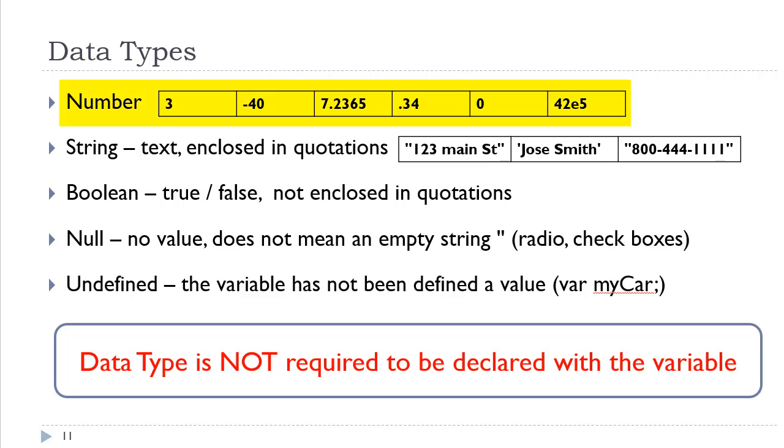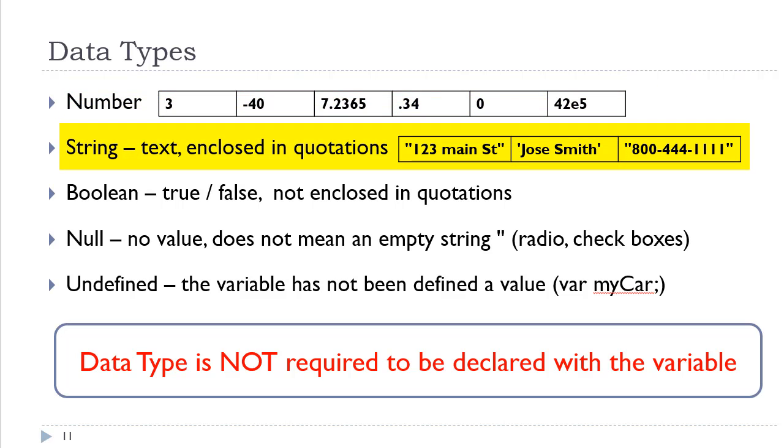Some examples of a number or numeric data type: a single number, a negative number, a decimal point, a 0, or an exponential notation. String data is always enclosed in either single or double quotations. It can contain text, numbers, or keyboard symbols.